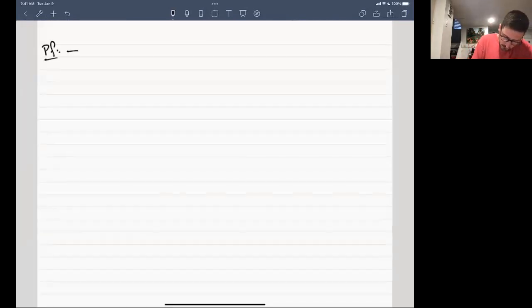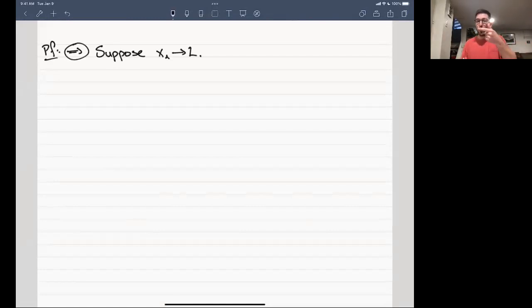First thing we're going to do is go in the forward direction. So that means that we are assuming, so suppose, Xn converges to L. Okay, so that's what this forward implication means for an if and only if statement.